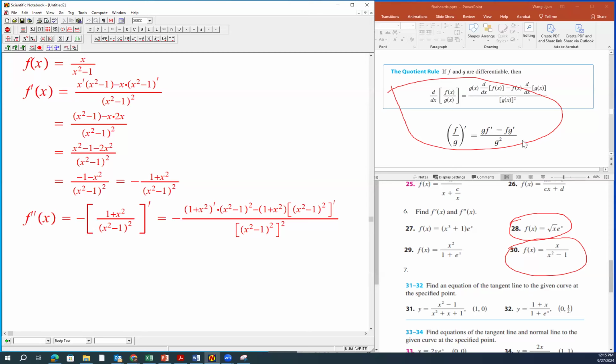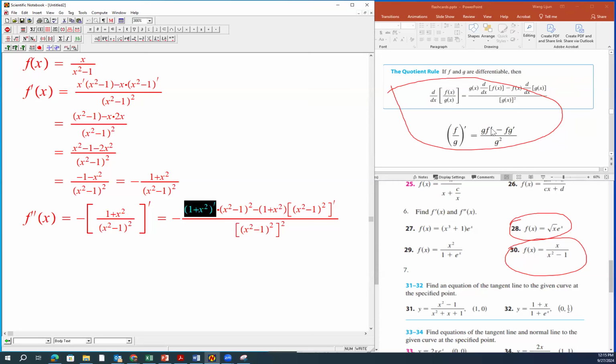So now you match your formula. Denominator squared, numerator being differentiated, that's f prime times g, the denominator, minus f, which is the numerator, 1 plus x squared, times g prime.